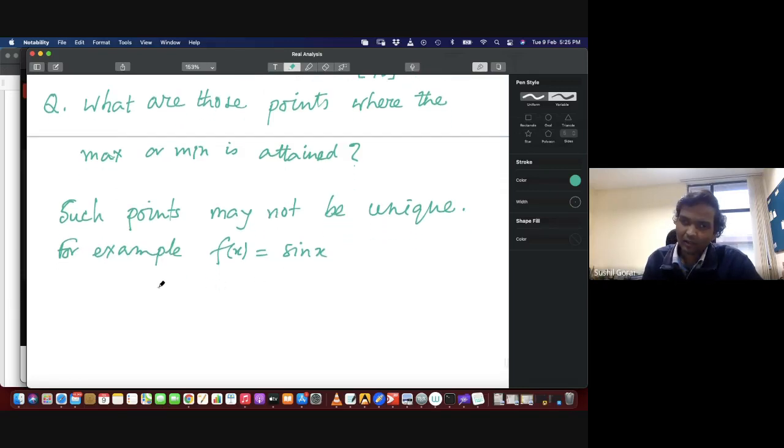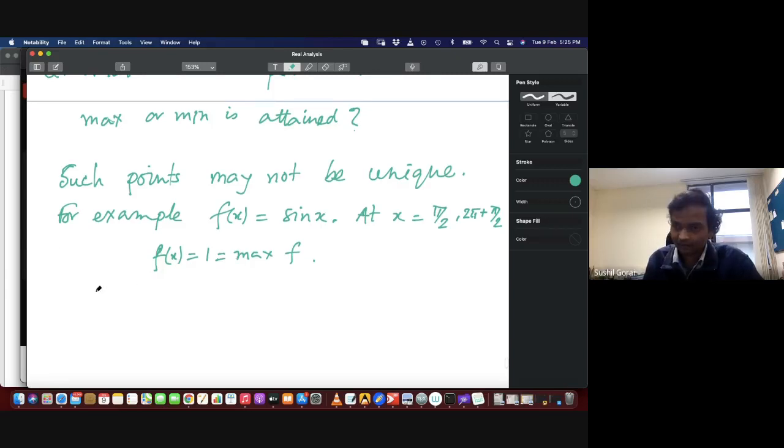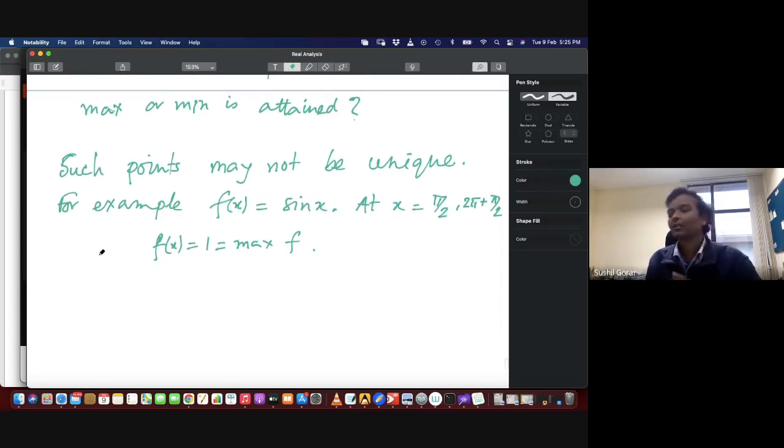At x equal to pi by 2, or 2 pi plus pi by 2, the value is 1, which is the maximum. But there are a lot of such points. Similarly for the minimum. All right.